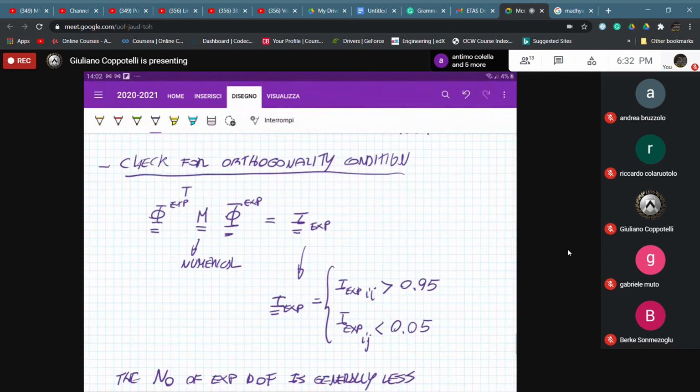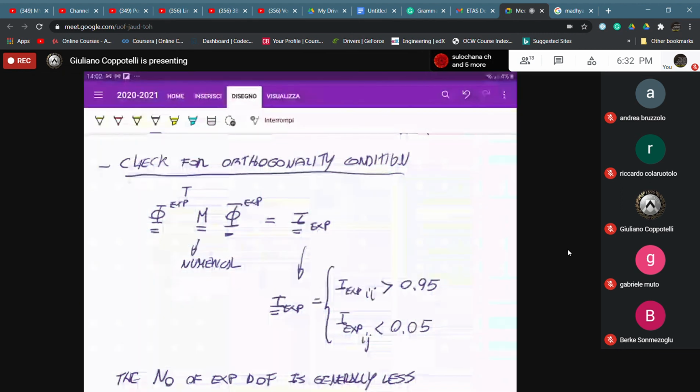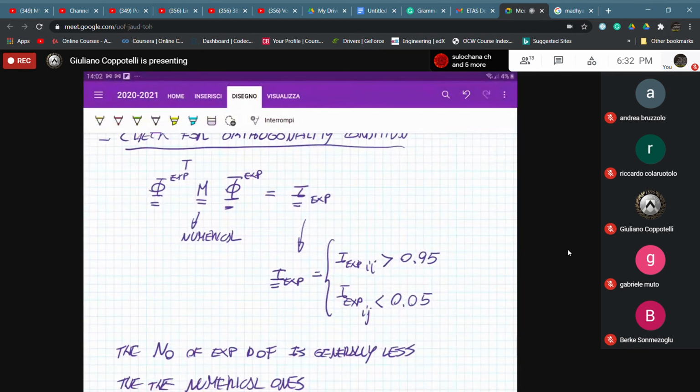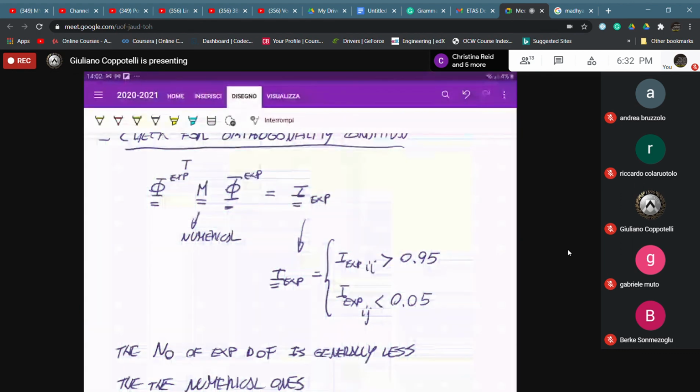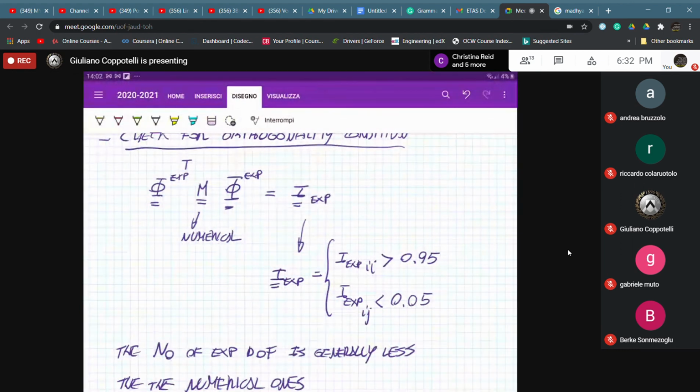Okay, what does it mean? It means that the diagonal components of this identity matrix should be at least larger than 0.95. The off-diagonal terms should be less than 0.05. That's to be sure that your orthogonality conditions are all satisfied.